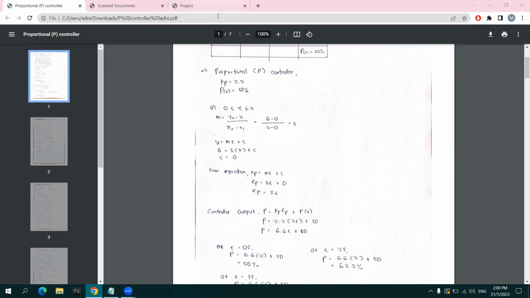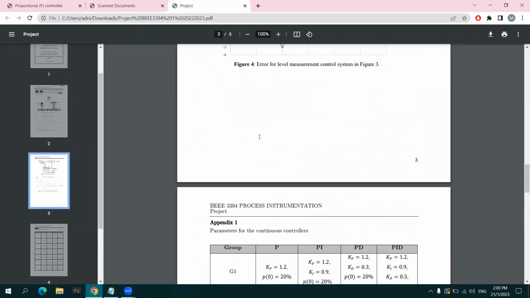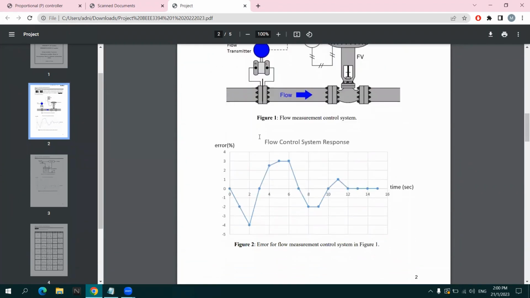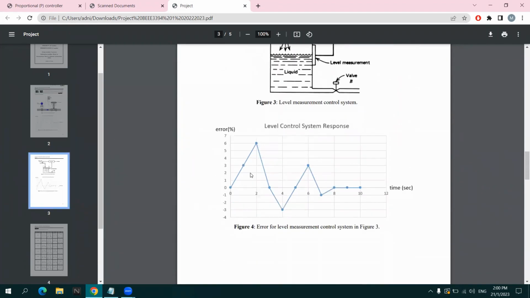And this value we got from here, which is the graph for error for the level measurement control system.